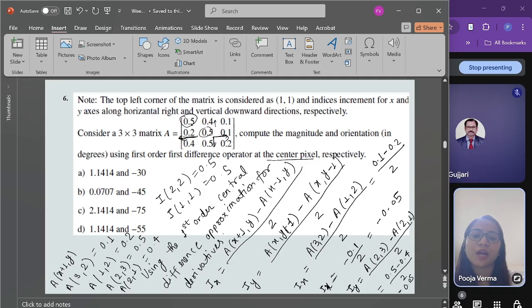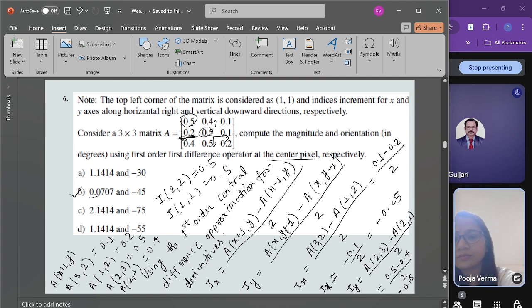So we have to keep it in the range of 90 degree or 180, that's why we have converted it back again. So here the magnitude is 0.0707, so option B is the correct answer, with orientation minus 45 degree.